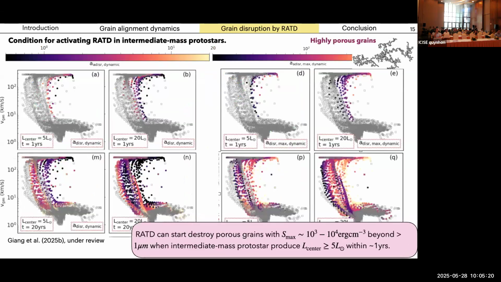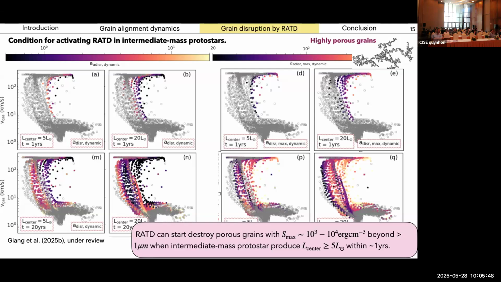And the last one is we need to understand the condition for RAT to be activated inside the intermediate-mass protostar. So here we show the results of the distribution of the minimum disruption size as a function of gas velocity and gas column density, in the case that the central luminosity is 5 solar luminosity and 20 solar luminosity, and consider the case that RAT operates for 1 year and for 20 years.